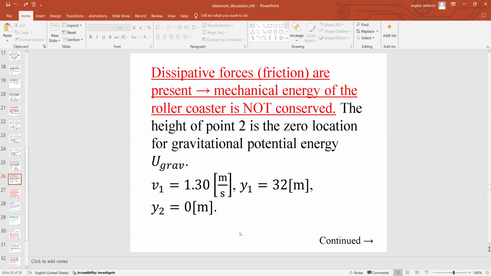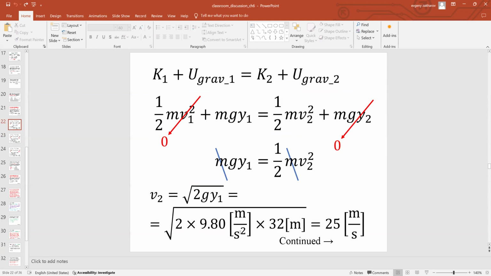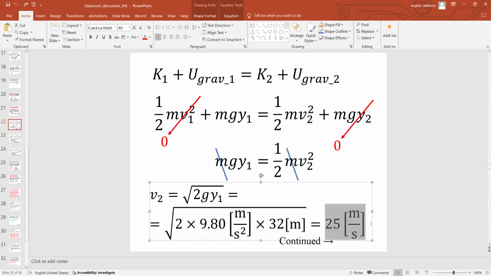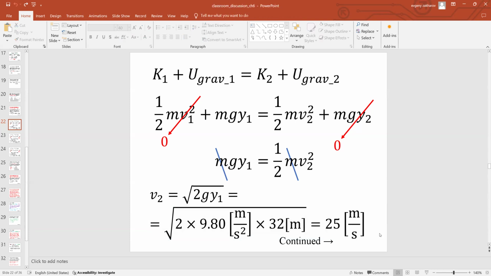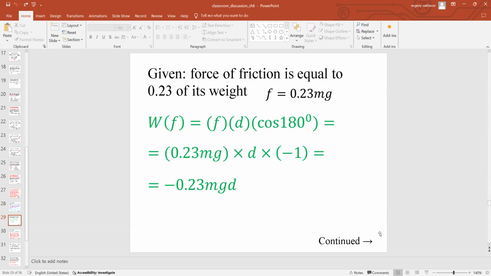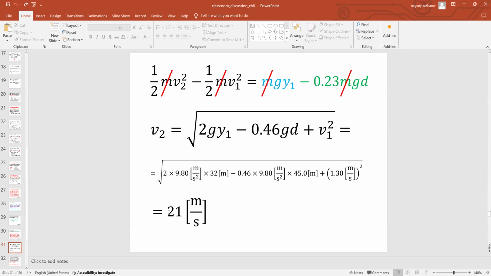Remember the previous problem? For point 2, we had 25 meters per second, which was faster. Now it's only 21 meters per second. That is slower. Why is it slower? Because there is friction. Friction slows you down and you lose your mechanical energy.